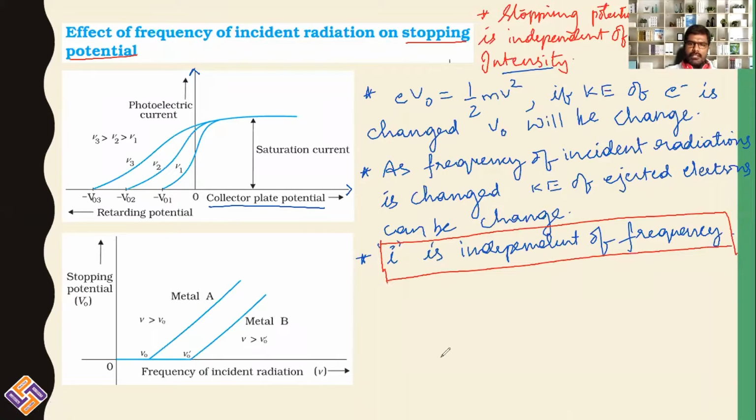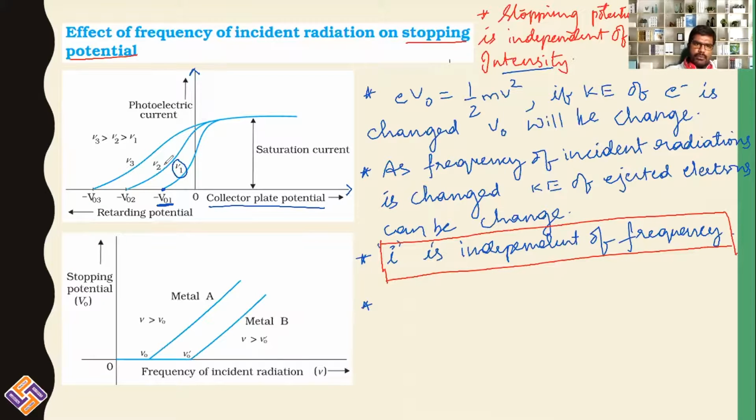Then if you increase the frequency, what would happen? As you increase frequency, the kinetic energy of ejected electrons increases. As the kinetic energy of the ejected electrons increases, to stop them you need to provide more negative potential. Therefore, for frequency nu1, we get stopping potential minus V01.